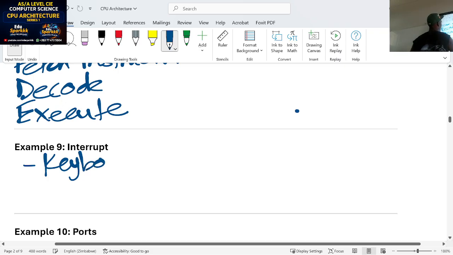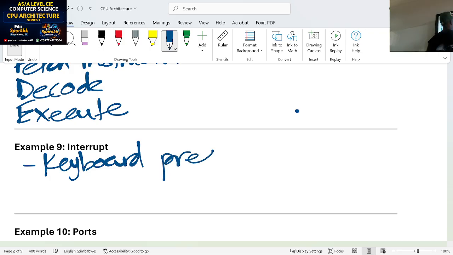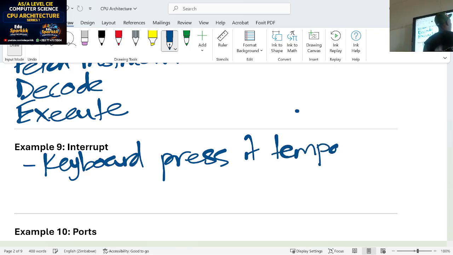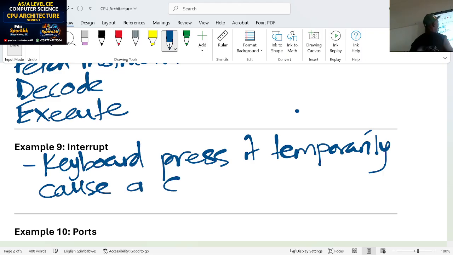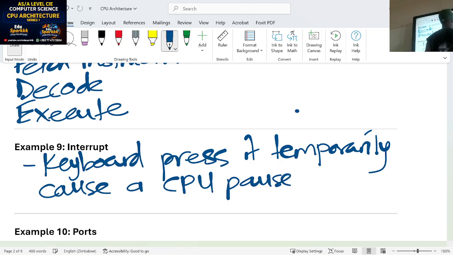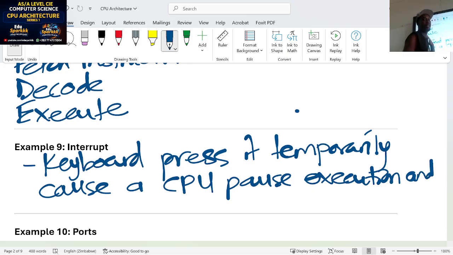So a keyboard press is an example of an interrupt because it sends a signal so that the CPU temporarily pauses execution to attend to the input and handle the input.